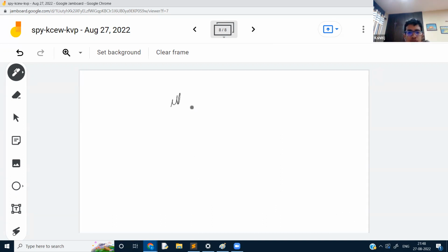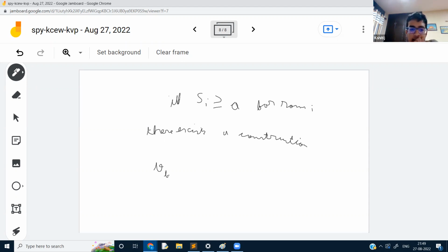Now, I claim that if Si is greater than A for some i, there exists a construction. Now, let the connected component be this V1, V2, V3, and so on.